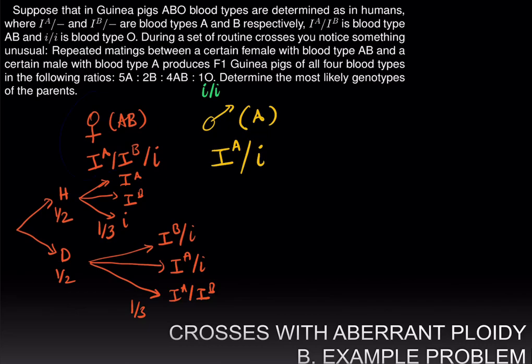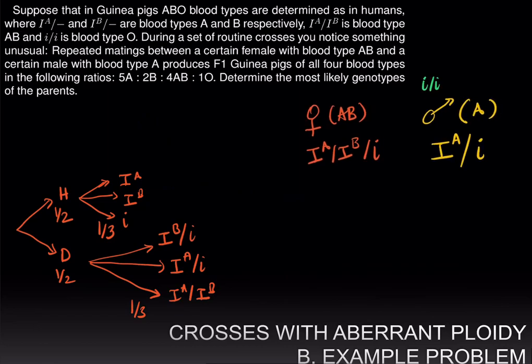Now we can actually just add the genotypes of the male onto this branching diagram and compute the proportions of the progeny.